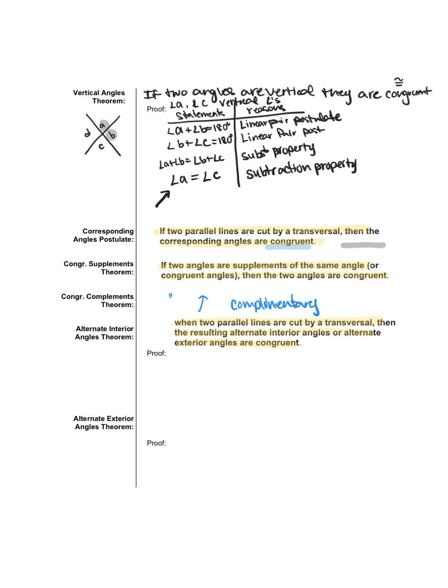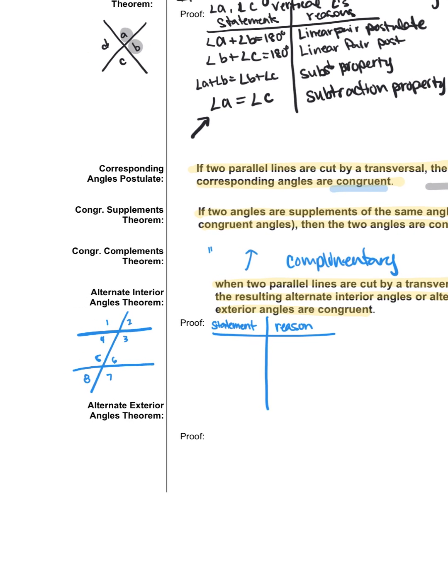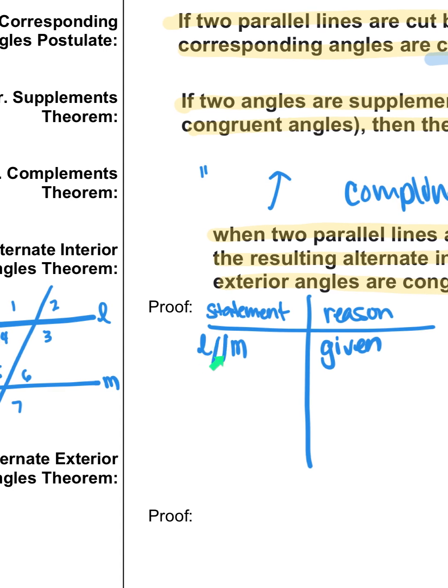But we need to be able to prove that. Some of these proofs will be a lot easier than other proofs. Okay, so we're going to call this line L and line M here. We know that L is parallel to M, and that is given to us. Anytime you have those two little lines like this, that means L is parallel to M. That's what it's standing for.